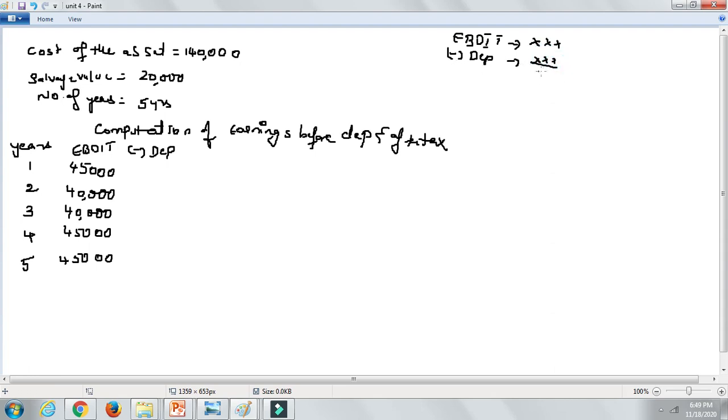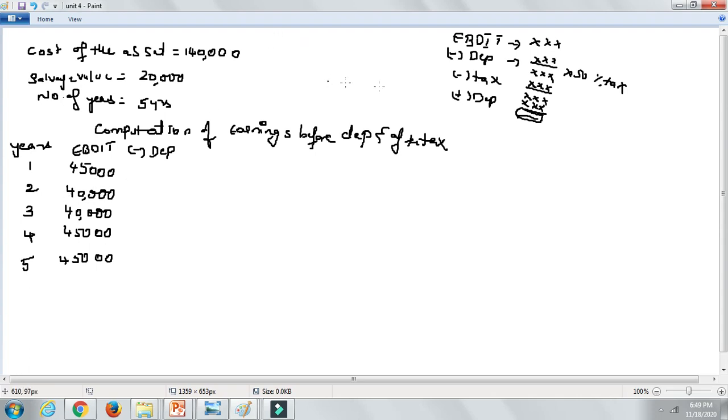On this value, you calculate 50% tax. Whatever you get, you deduct the tax, 50% of this. After getting this value, you add back the depreciation. That is what we need to do here also. So what is required is this value. Depreciation for every year is how much?